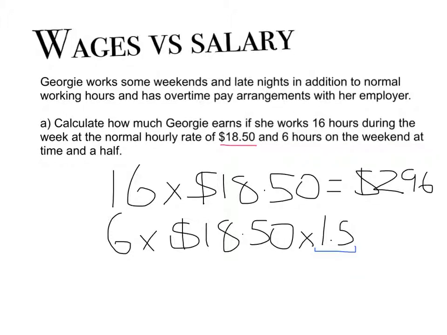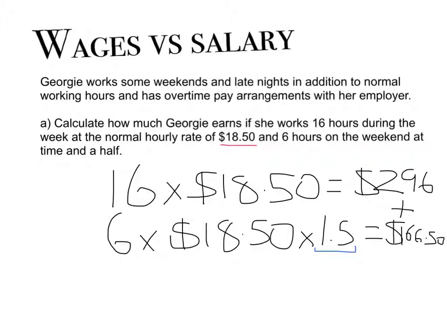It's time and a half. So 6 multiplied by $18.50 multiplied by 1.5 will give me a total of $166.50. So altogether her normal rate she earns $296, time and a half she earns $166.50.